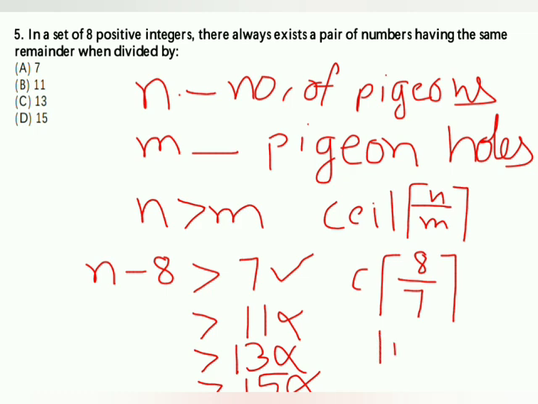We get 1 point something, like 1.11, and ceil means it will round up the value, so that is 2. So the answer is 2, so at least there must be a pair of numbers with the same remainder. So option A is the correct answer by the pigeonhole principle.